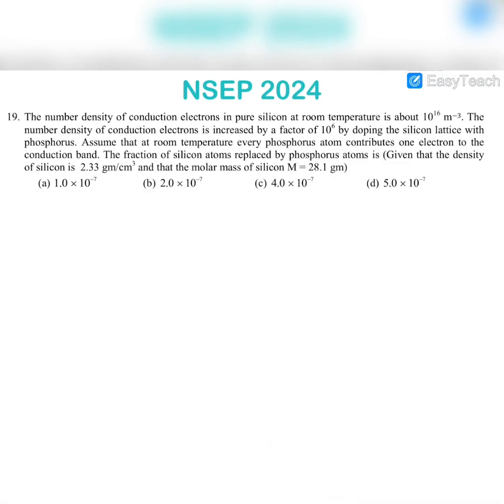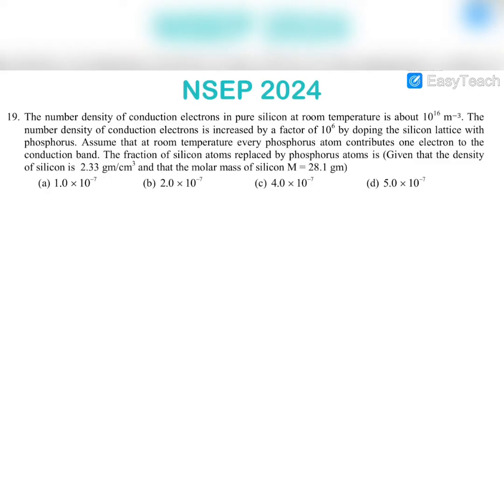In this question, you can see that the number density of conduction electrons in a pure silicon crystal at room temperature is about 10 to the power 16 electrons per meter cube. The number density of the conduction electrons is increased by a factor of 10 to the power 6 by doping silicon lattice with phosphorus.